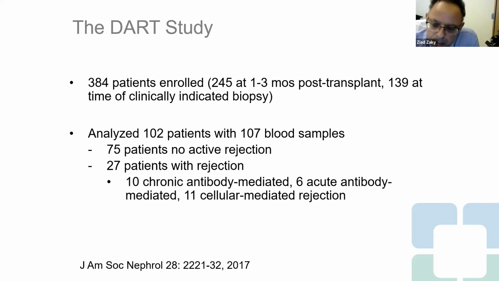In this cohort, we had 75 patients with no active rejection and 27 patients with rejection of different types: 10 with chronic antibody-mediated, 6 acute antibody-mediated, and 11 T-cell-mediated rejections.